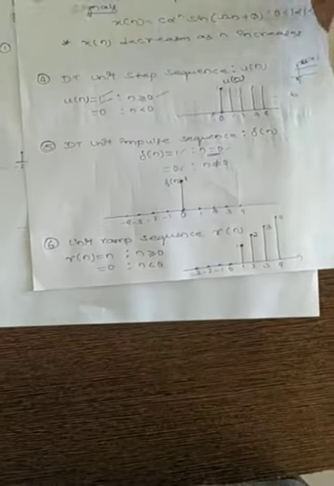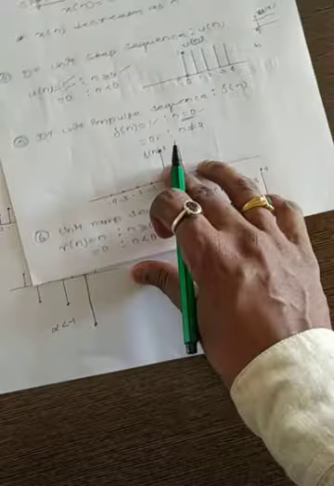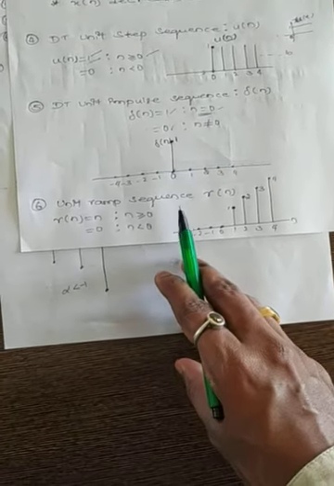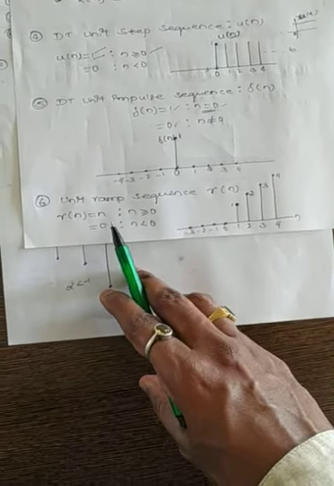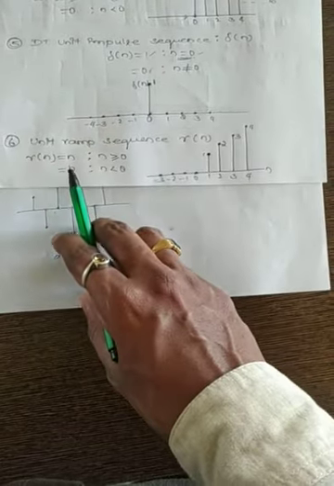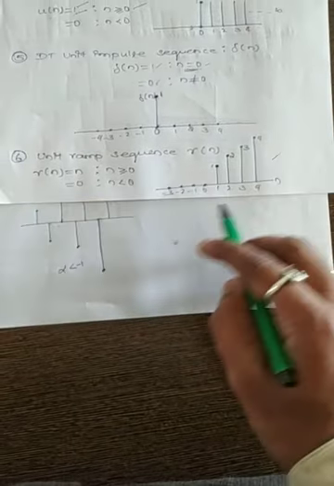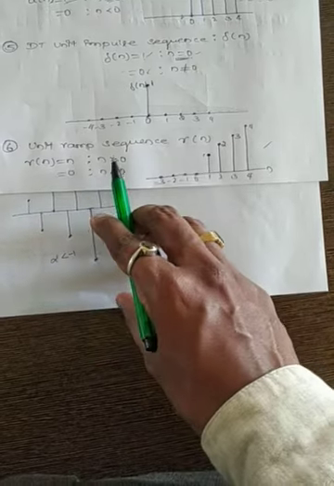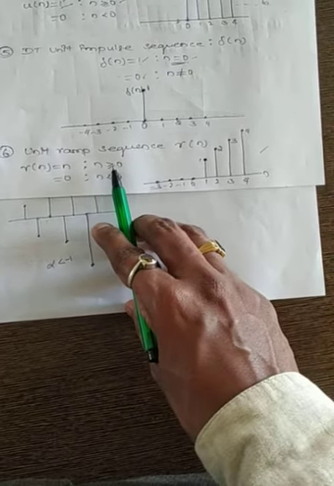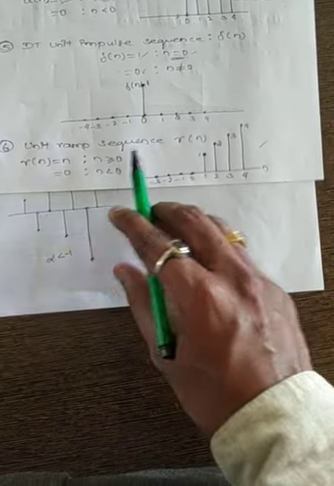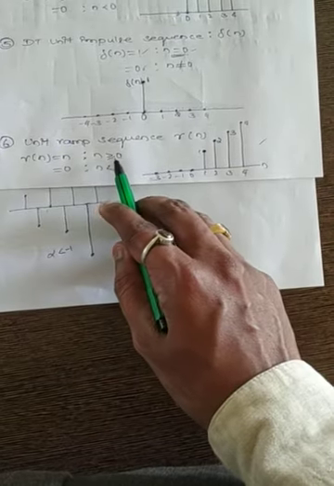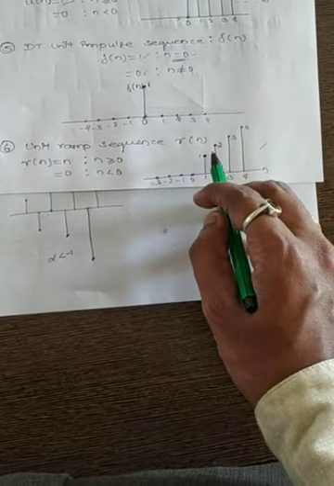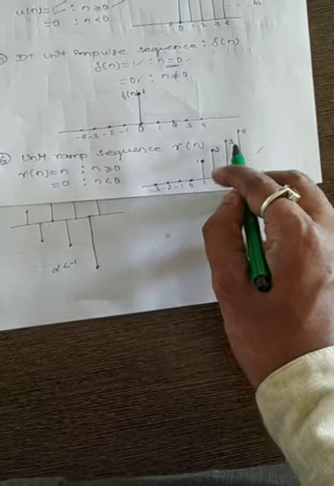So next is the unit ramp sequence. This is an example for the unit ramp sequence. r of n is equal to n, when n is greater than or equal to 0. Look at this. When n is greater than or equal to 0, it is n. That means the signal is existing.